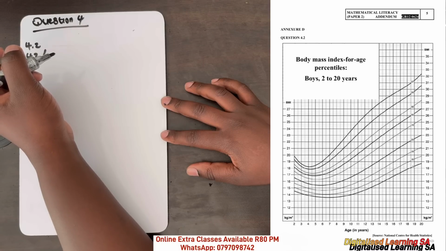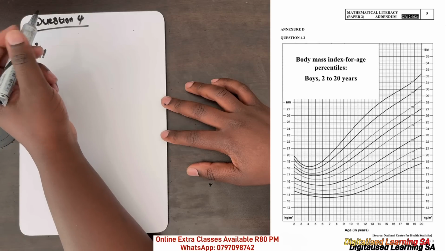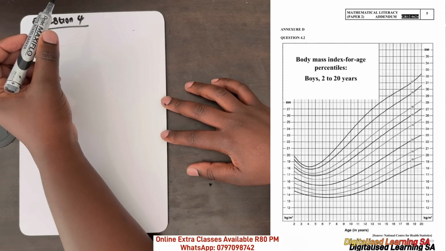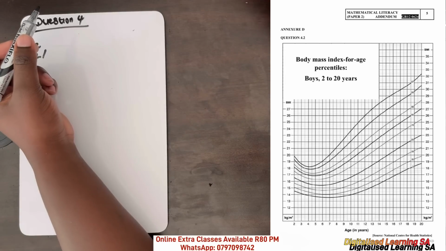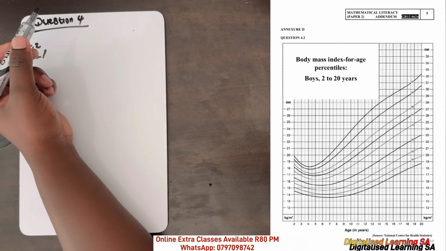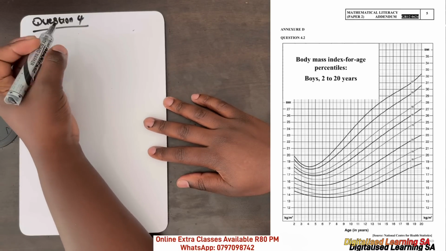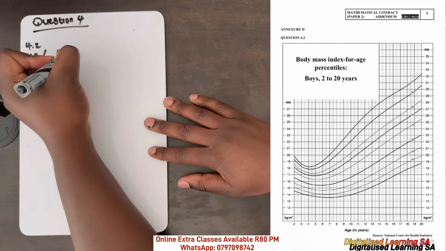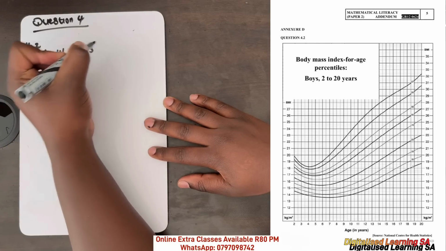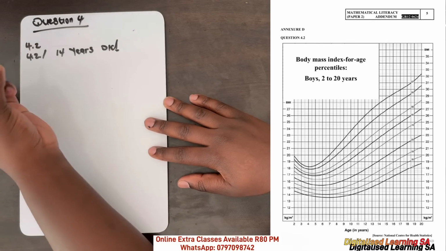So we need to match that. If we look at 19 and check on our 50th percentile line, we can see that Njabulo is 14 years old.